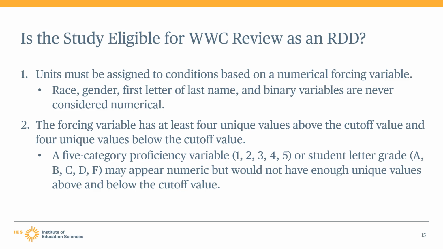Similarly, student letter grades of A, B, C, D, and F could be converted to a numeric scale ranging from 1 to 5, but would not have enough unique values to satisfy this requirement.